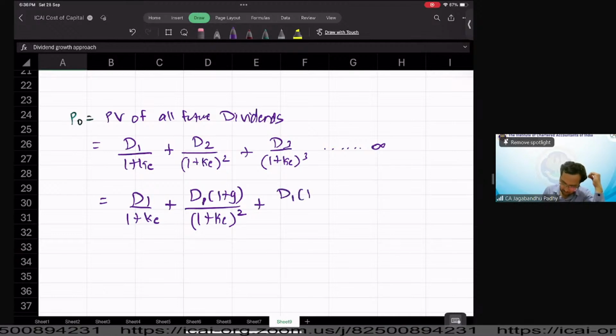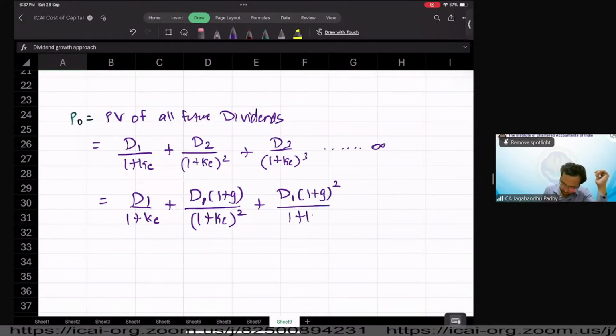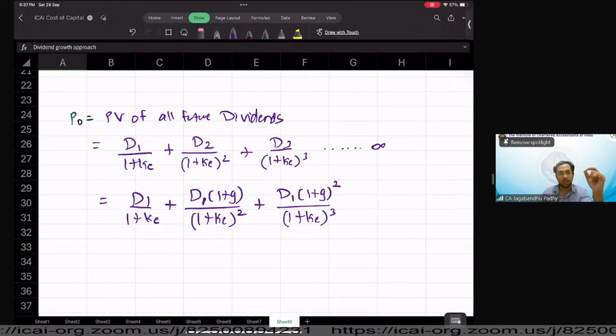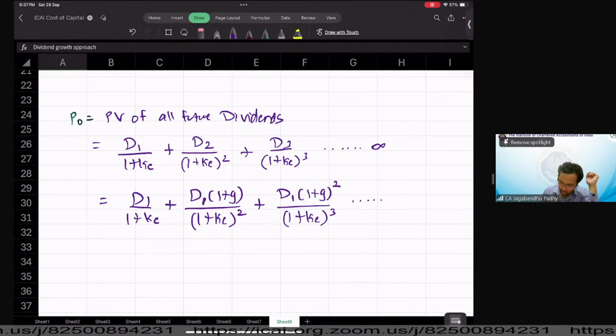D3, can I say it will be D1 into 1 plus G square, because growth will be for 2 years. Dividend is going to grow for 2 years. Then divided by 1 plus KE. So D1 upon 1 plus KE plus D1 into 1 plus G upon 1 plus KE square plus D1 into 1 plus G the whole square upon 1 plus KE cube. And this goes on till perpetuity.